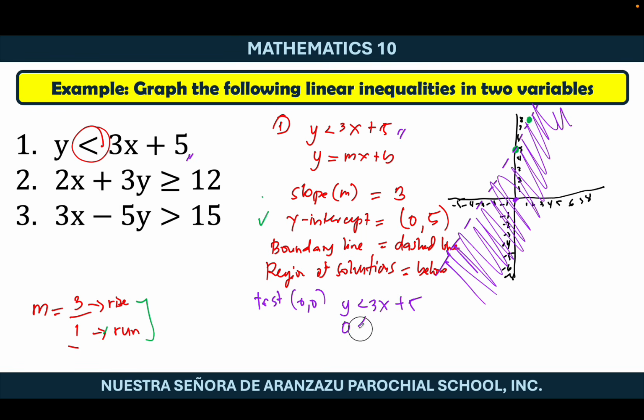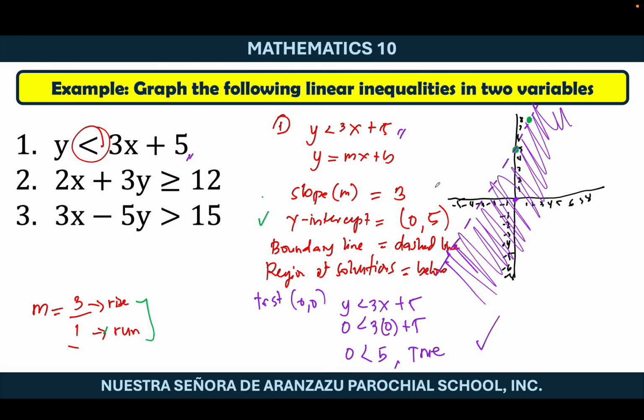So, y mo 0 less than 3 times 0 plus 5. So, 3 times 0 is 0. Then, 5. So, is 0 less than 5? True or false? Okay, that is true. So, ibig sabihin, it satisfies our graph of linear inequality.